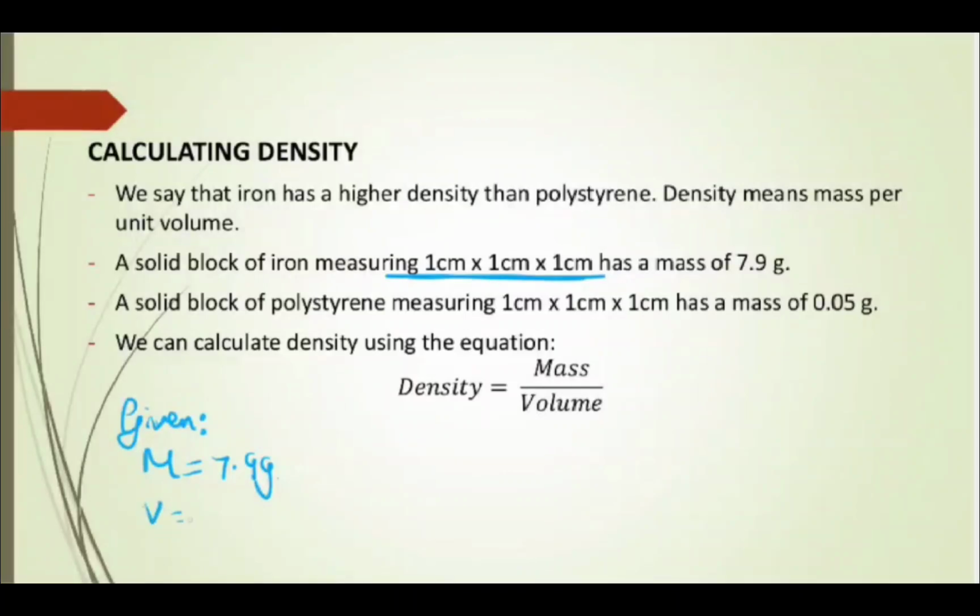So volume is equal to 1 into 1 into 1 centimeter cube, which is equal to 1 centimeter cube. A solid block of polystyrene measuring 1 by 1 is given as well. So this is the volume of the iron block.